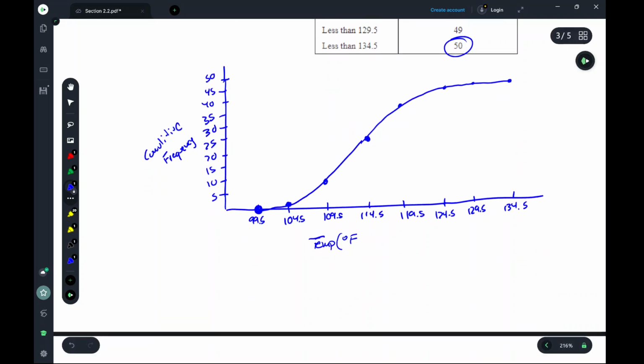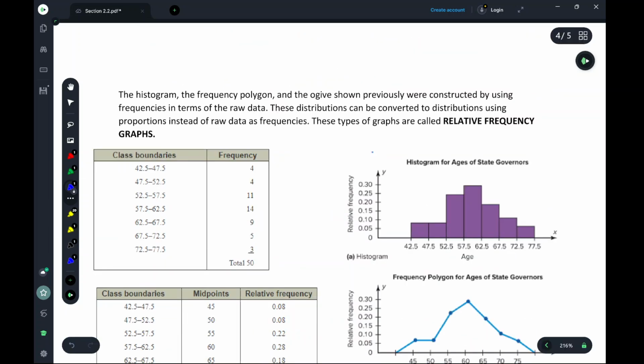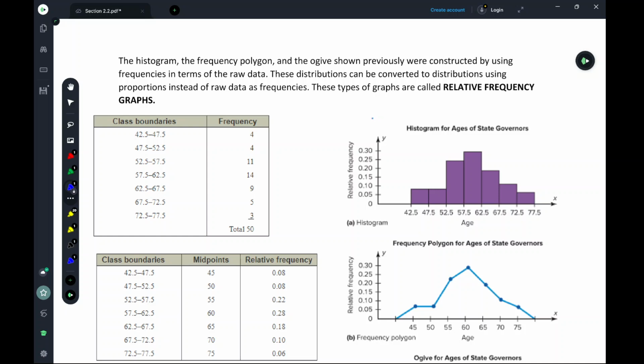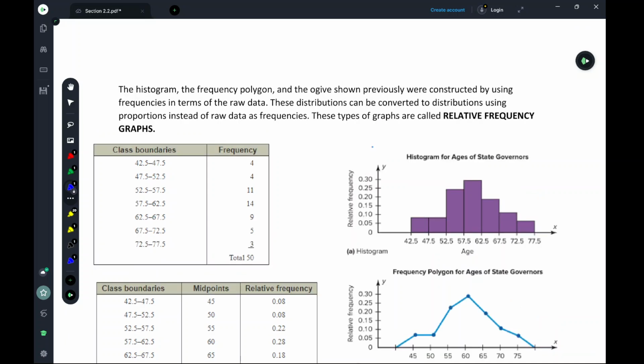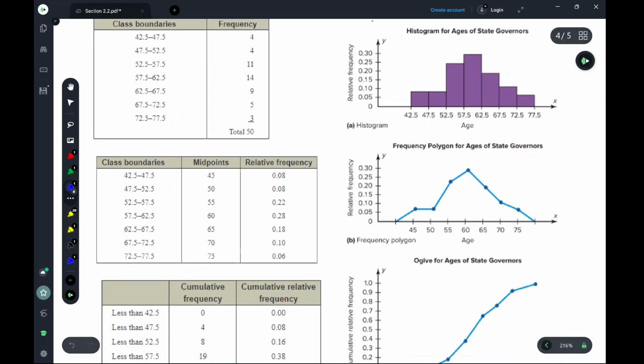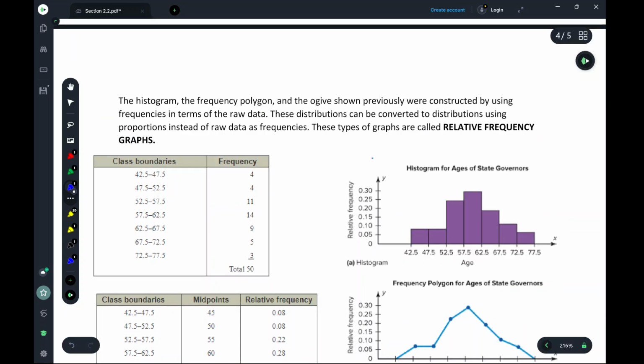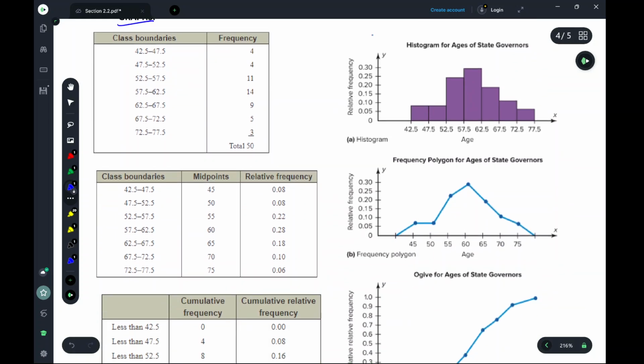Great. We do have one more concept that we want to take a look at in context of all three graphs we've seen, the histogram, the frequency polygon, and the ogive. We want to take a look at them in the context of what is called relative frequency graphs. Relative frequency graphs for a histogram, for a frequency polygon, for an ogive, are all constructed the same.